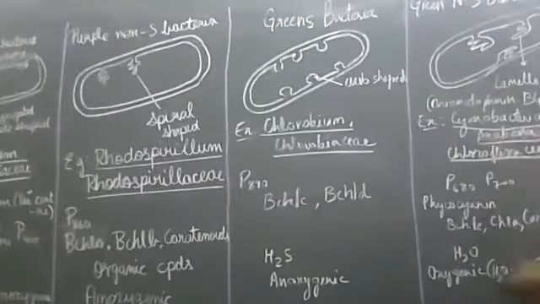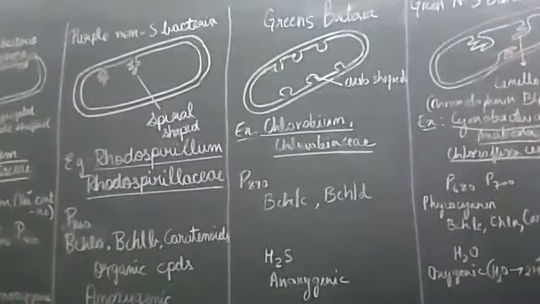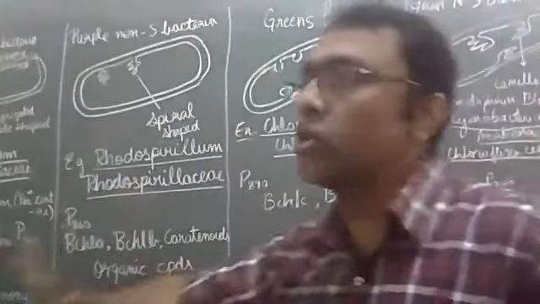Some of them use water, meaning this is the group which uses water, even as a plant does. They undergo a mechanism called the non-cyclic Z pathway. In your PUC you have studied. The non-cyclic Z pathway is seen in plants as well as cyanobacteria, whereas the other three don't show that at all.